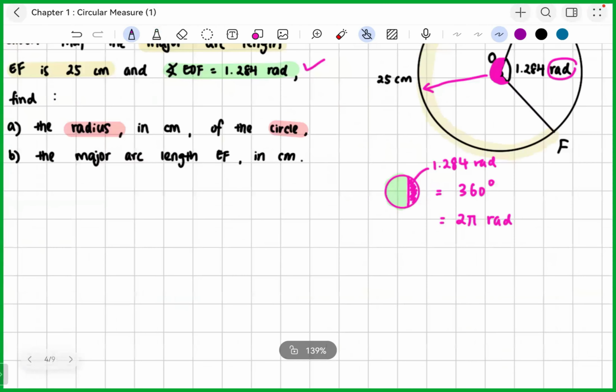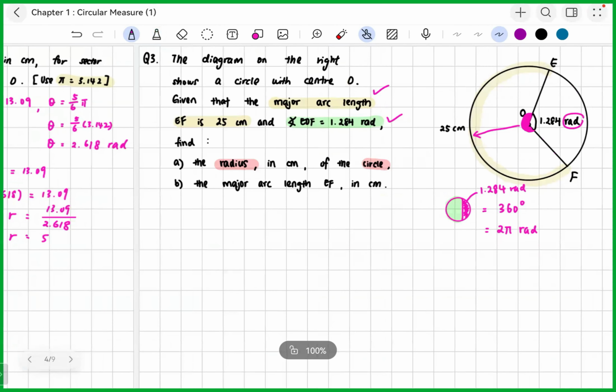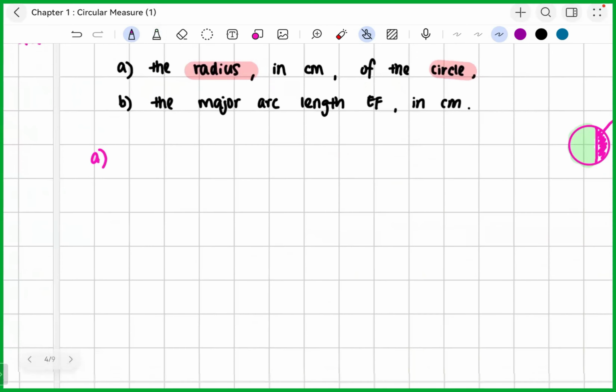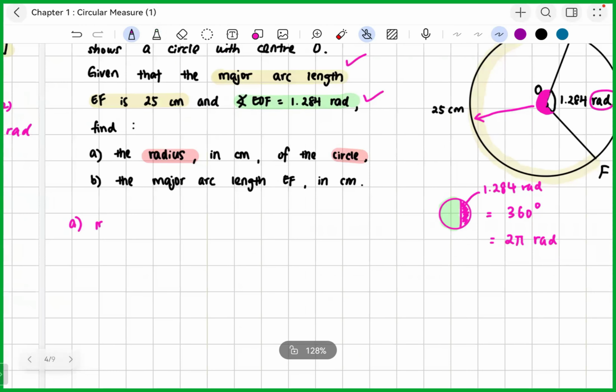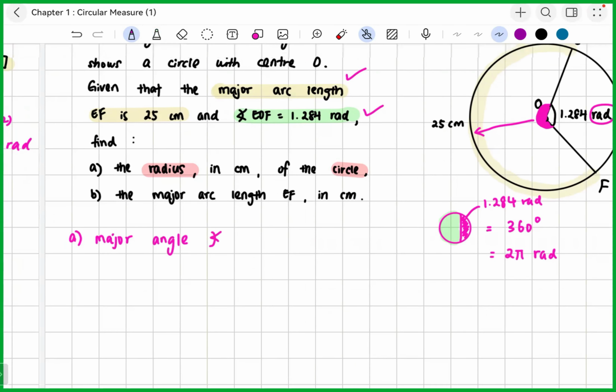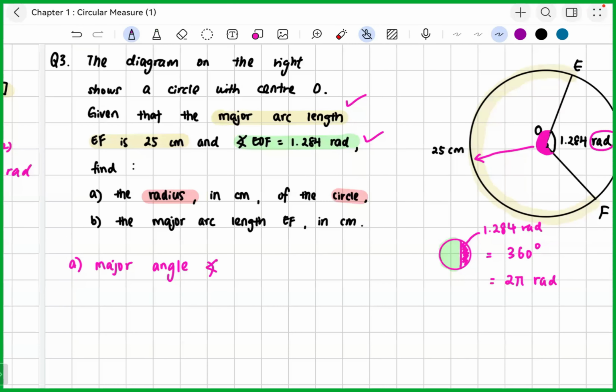So you have to find the correct angle first. The correct angle is actually the major angle EOF, which equals a complete angle, 2 pi, minus 1.284, so that you can get the pink color angle.